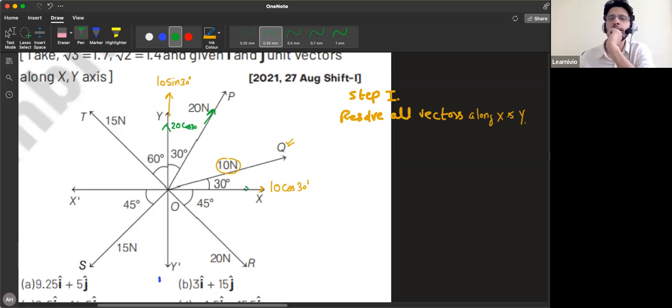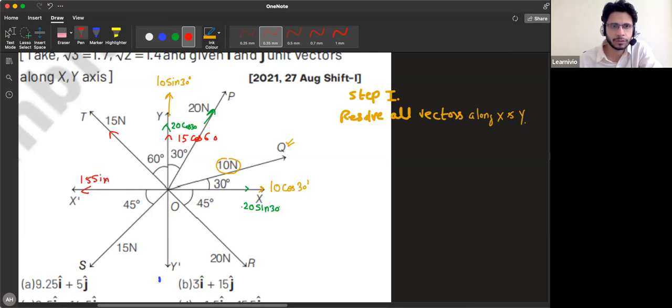And what about along X axis? 20 sine 30. Very good. Next, I need component of 15 Newton again. Aksa, what is the component along Y axis? 15 cos 60. And along X axis? 15 sine 60.